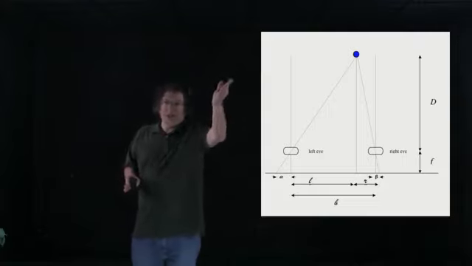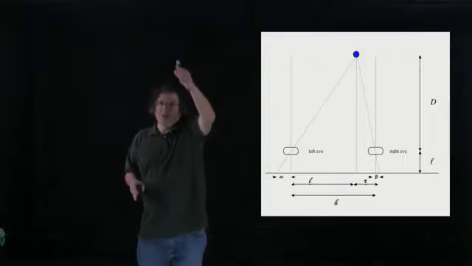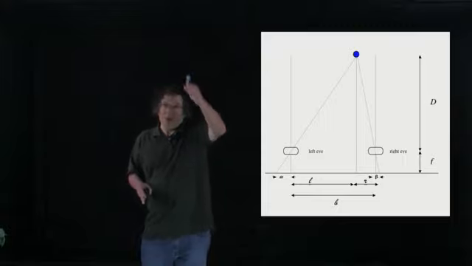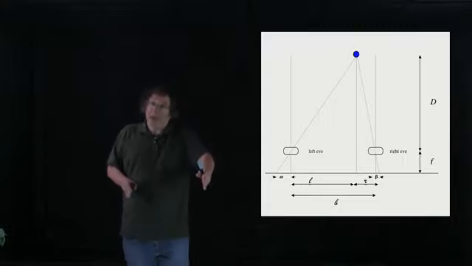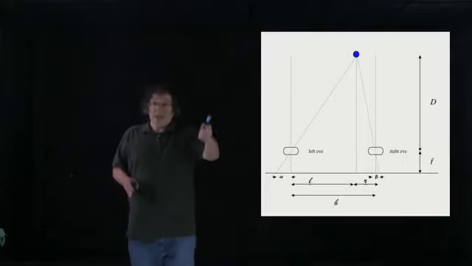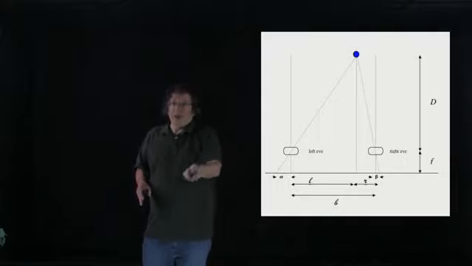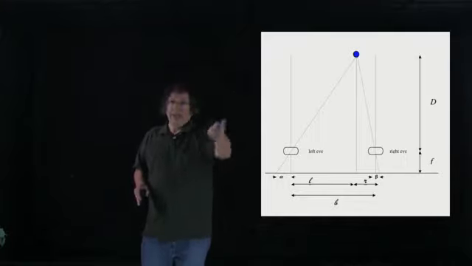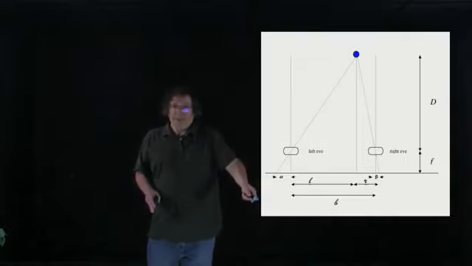So that line is drawn as a diagonal in this diagram. And similarly, draw the line from the blue point to where it is focused by the right eye on the retina. So you see that we've drawn those as straight lines from the blue point to the retinal plane, through the center of the left eye, and through the center of the right eye.